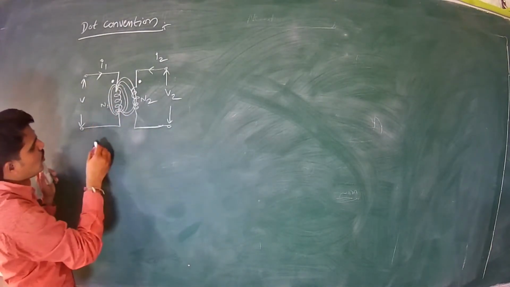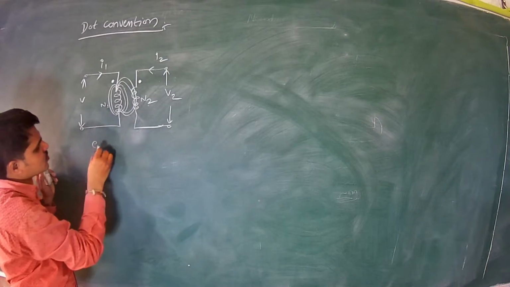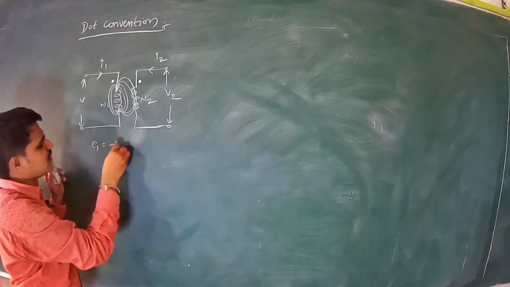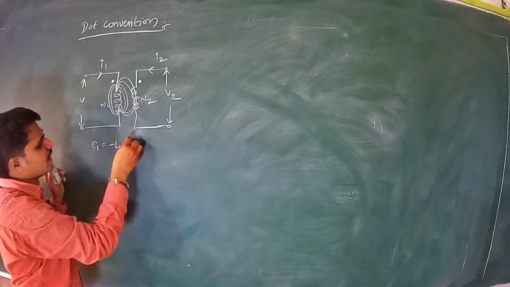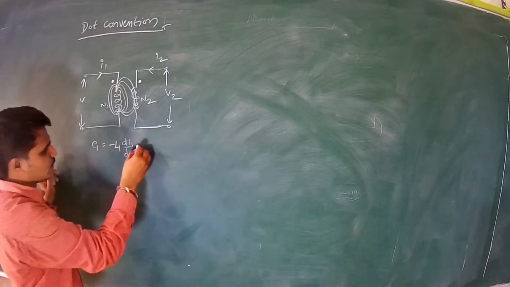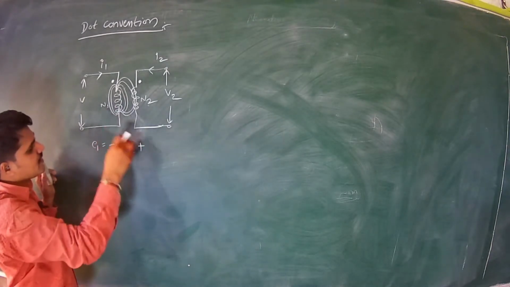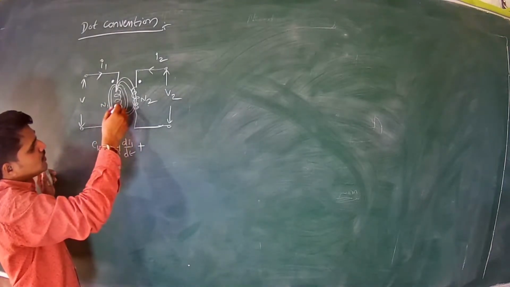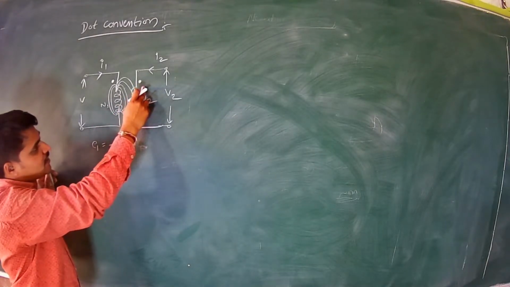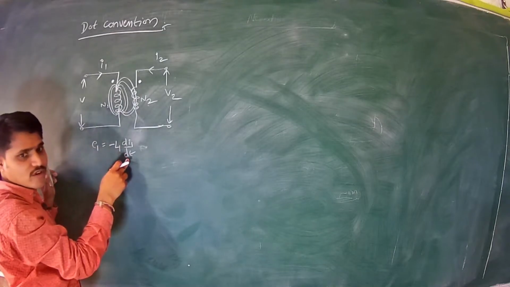Now the voltage induced in the first coil, E1, is nothing but minus L1 into dI1 by dt, which is the self-induced EMF in the first coil. The dot convention follows the same for the self-induced EMF.